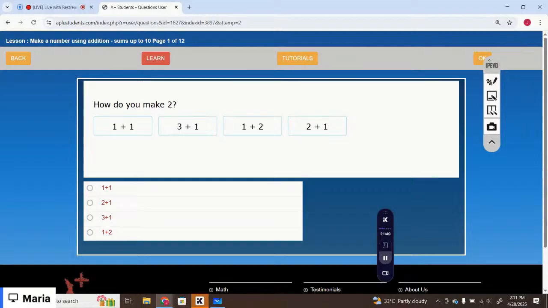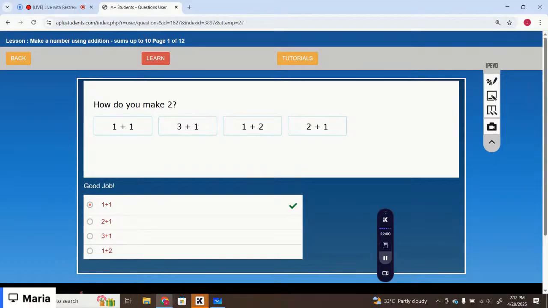Option number 1 is the correct option because 1 plus 1 makes 2. You just need to add them and see which one makes 2, right? So option number 1 is the correct option. That is 1 plus 1 makes 2.